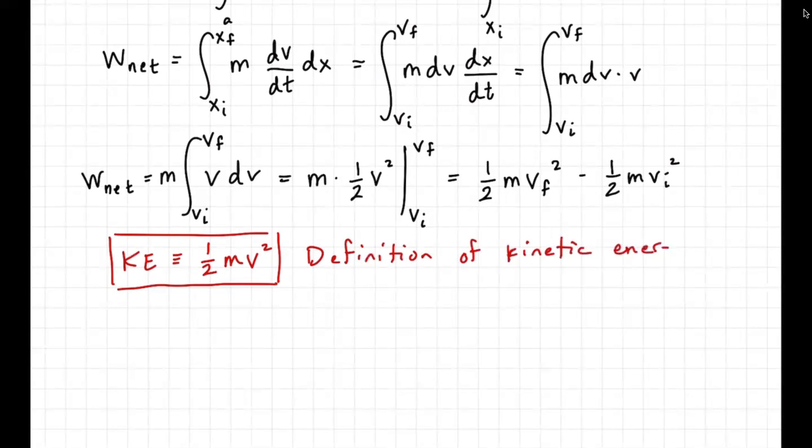And so if you look at our expression for the net work here, we have the net work is equal to the kinetic energy at the end of our path minus the kinetic energy at the beginning of our path. That's what this means. So we started with some kinetic energy at our initial point, and we ended with some kinetic energy at our final point. And this says that the net work is equal to the change in kinetic energy.